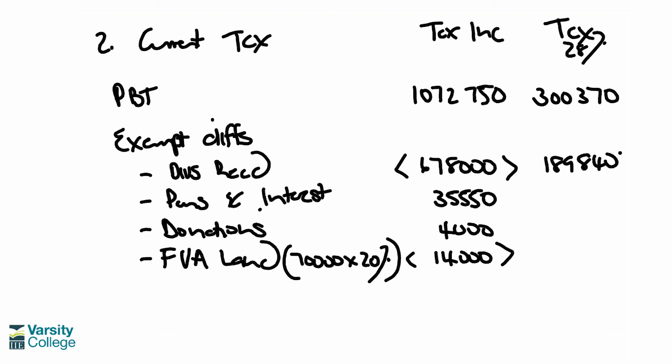So 189,840 is the tax effect of the dividends received. 9954 is the penalties and interest. 1120 is the donations, and 3920 is the fair value adjustment.